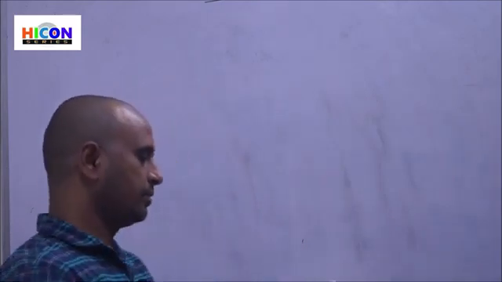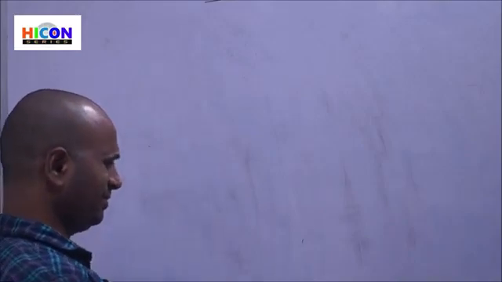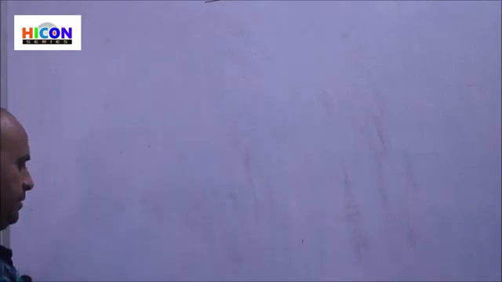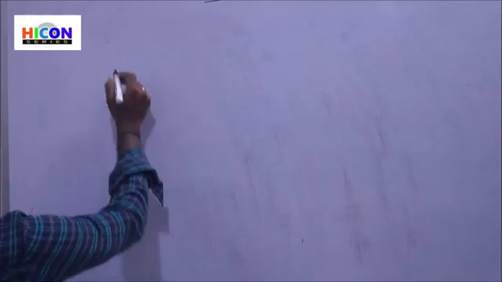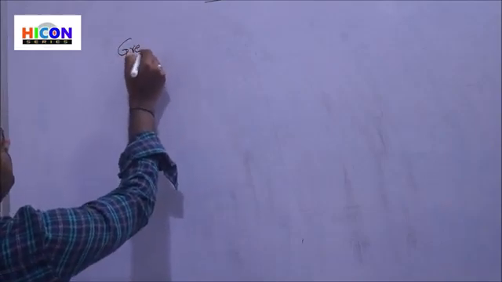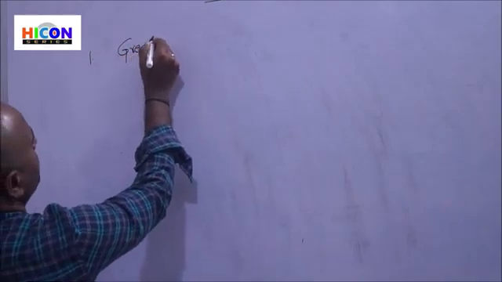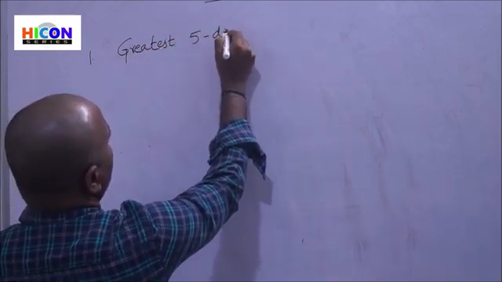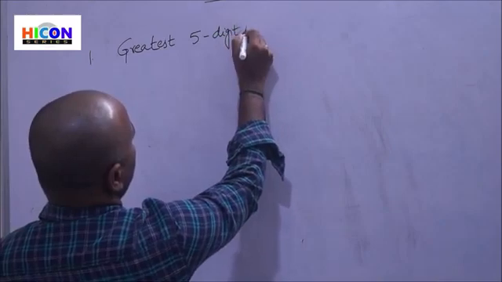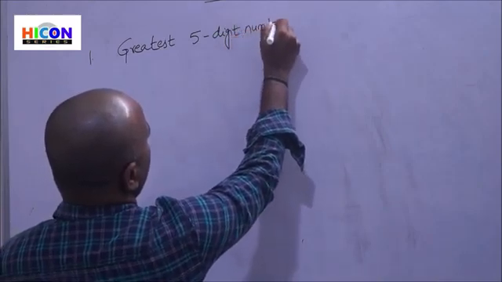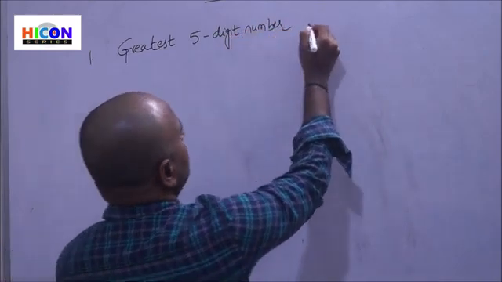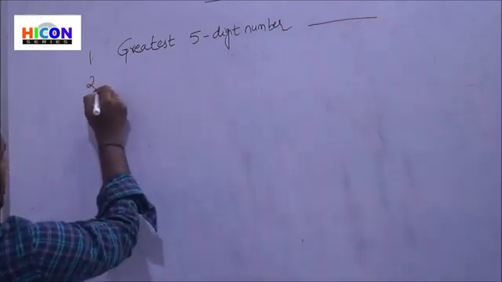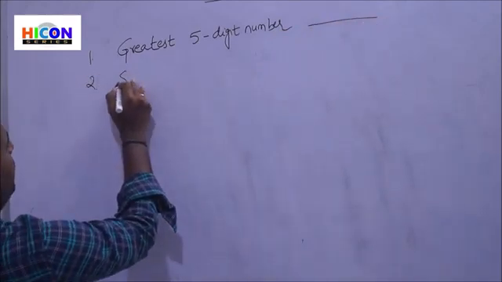Let us see some more fill in the blanks. The first is the greatest 5-digit number. The second is the smallest 5-digit number.